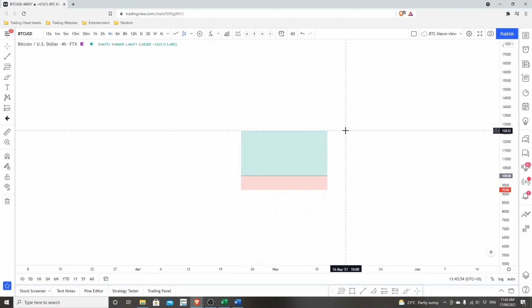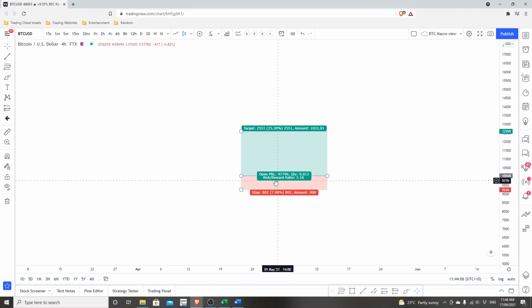So I use support and resistance to pretty much pick my levels of where I'm going to enter and where I'm wrong and where I'm taking profit. So I want to enter as close as possible to where I'm wrong, so my stops are very tight, so I can get a big position. So if I'm risking $100 per trade, on this trade here, I make $318 minus fees, okay?